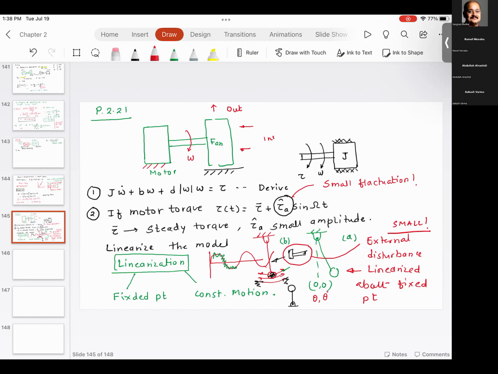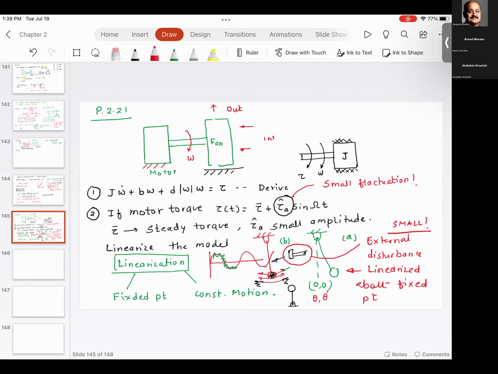But as I started working on practical systems, real life systems, control problems, I realized that linearization is actually a very powerful tool, because the systems that we study and control in actual practice are nonlinear, and we do not have complete understanding of nonlinear systems yet, because nonlinear systems can exhibit different types of behavior in different operating ranges.